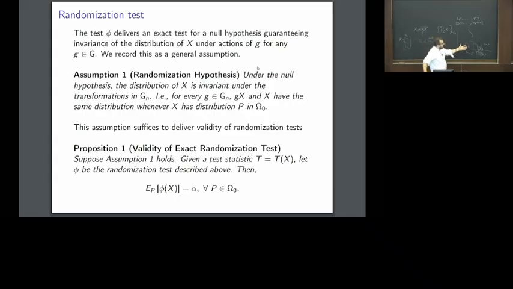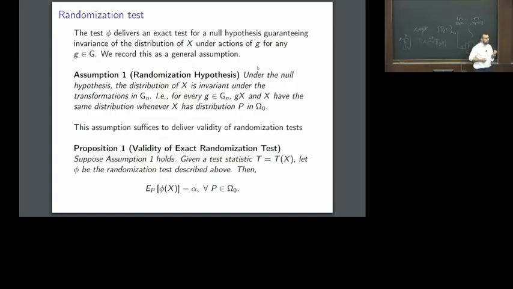And what does that give us? It gives us that under the null, if you have this randomization hypothesis, for a given test statistic and the phi we just built, the expectation of this test statistic, so the probability that the test statistic is 1, the probability that we reject under the null, is exactly alpha for any n.